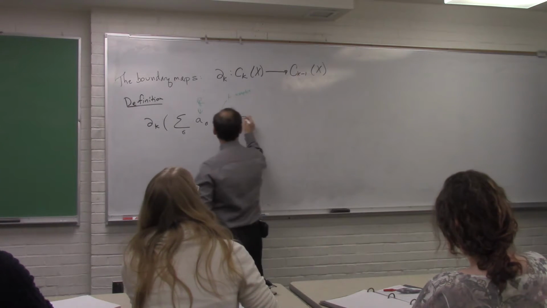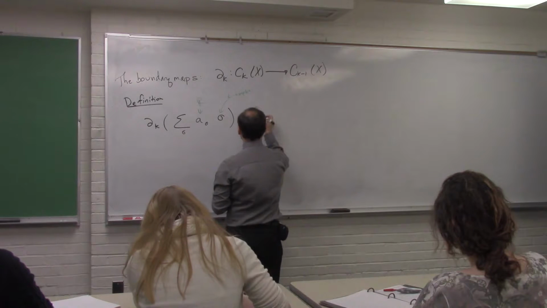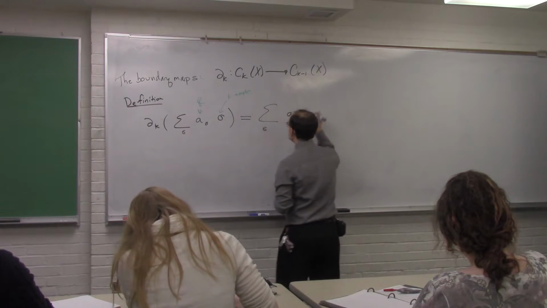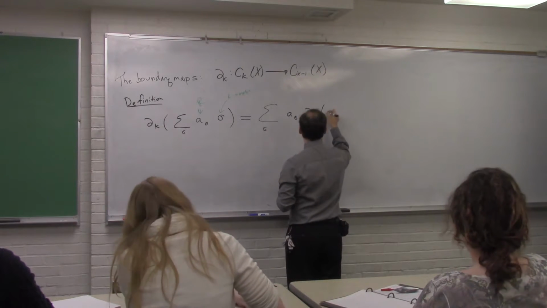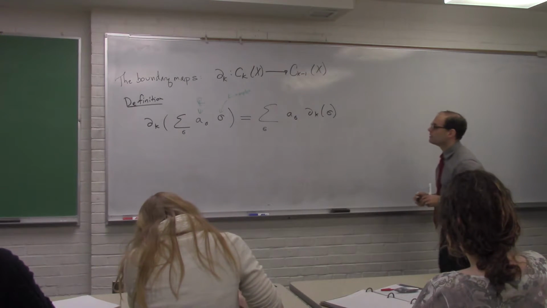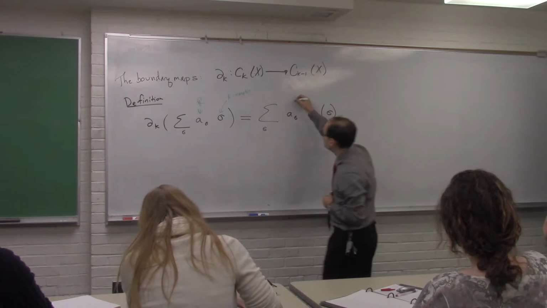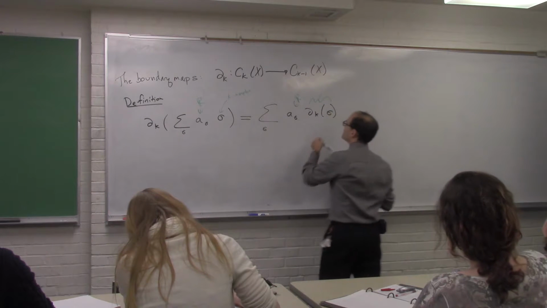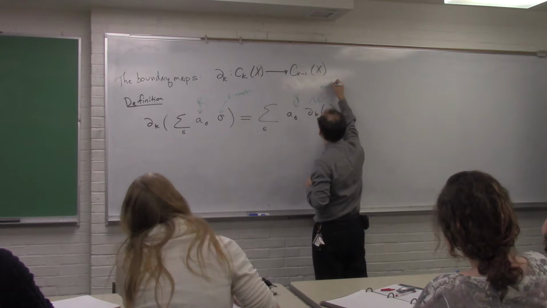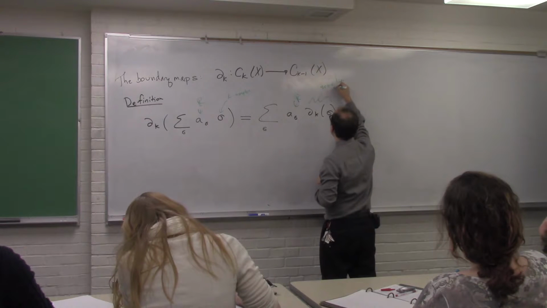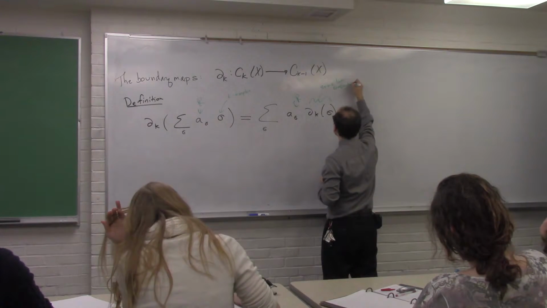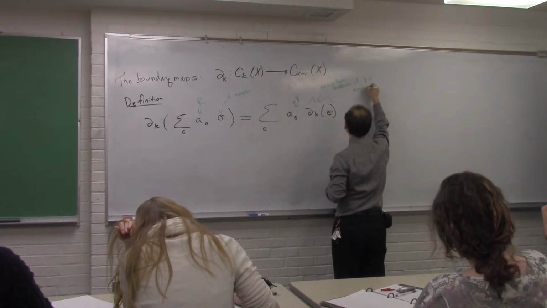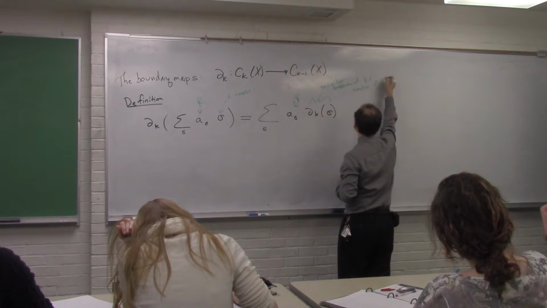So because it's linear, I should be able to sum over sigmas, a sigma, and work just on one. So now, this is still in R, but this thing here has got to be some linear combination of K minus 1 simplices of X.